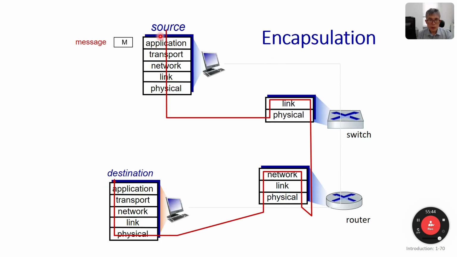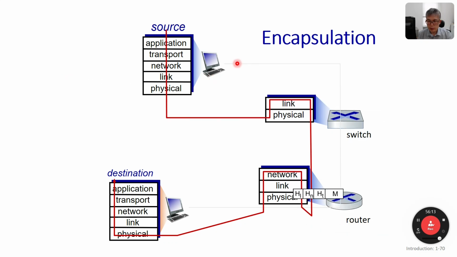So the source message goes through this protocol stack, and each layer has a header or tail. In the Ethernet case, the message is delivered from here, and then the transport layer TCP header is attached, and the network IP header is attached, and then in the link layer case the link layer header is attached, and the tail is CRC, and then the physical layer delivers it.